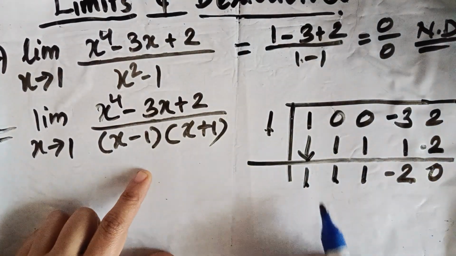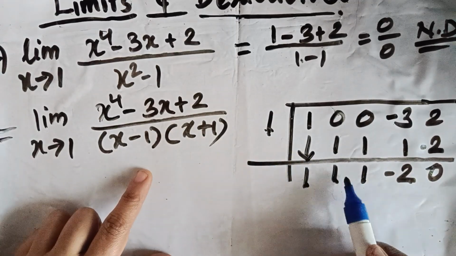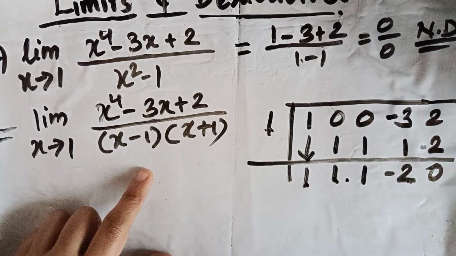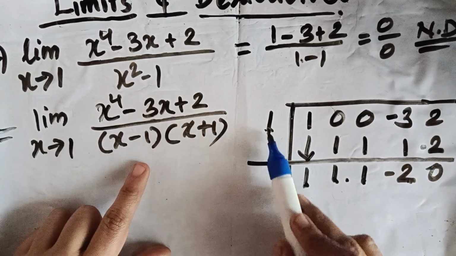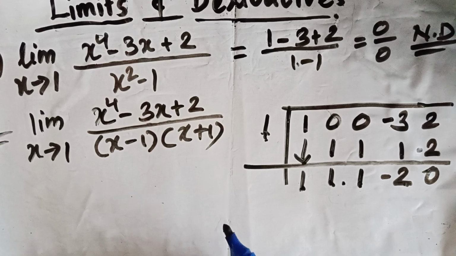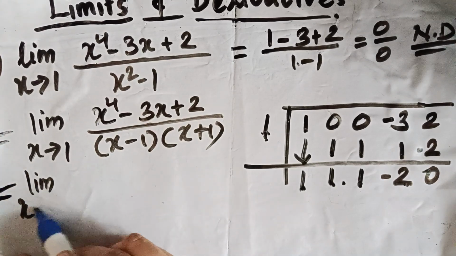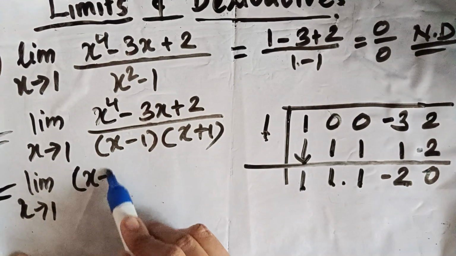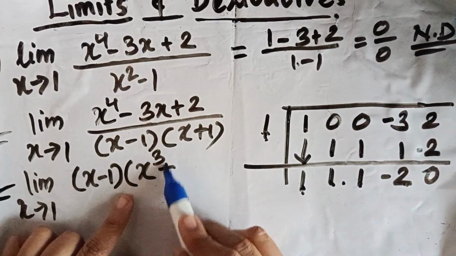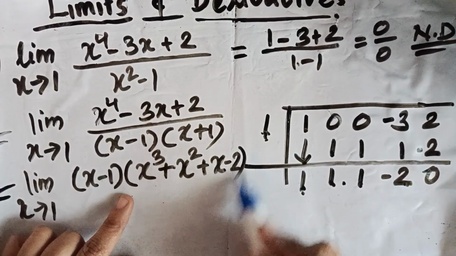So 0. So we are getting x cube plus x square plus x minus 2. And this is our x minus 1, that is, x equal to 1 we had taken. So we can write this as limit as x tends to 1, x minus 1 into x cube plus x square plus x minus 2.